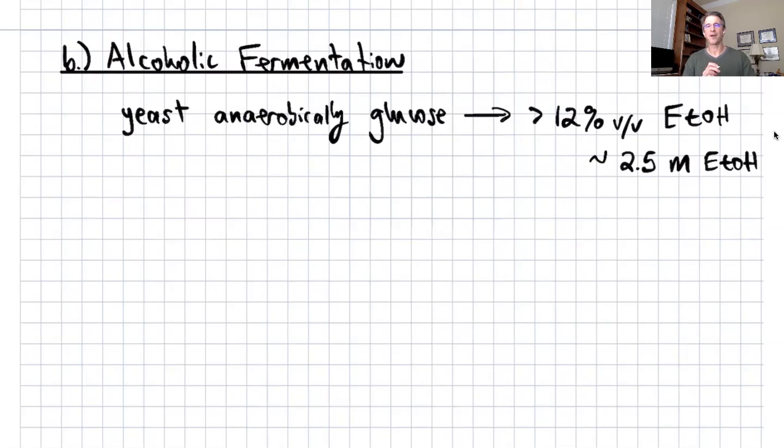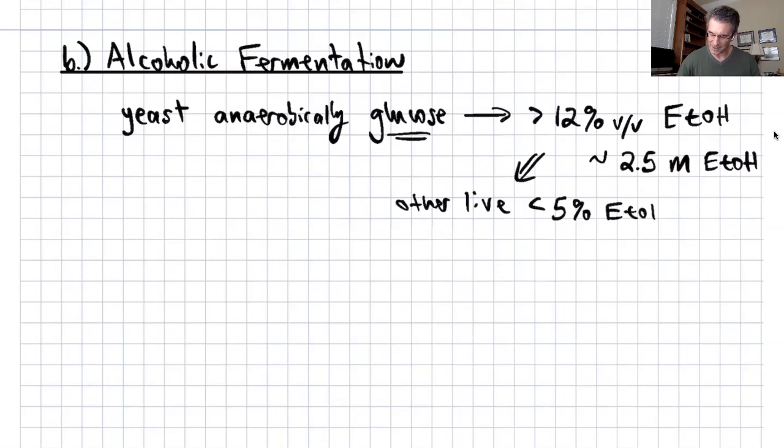The thing that yeast have figured out is that they can survive in 12% ethanol. Very few of the other organisms they might be competing with under those conditions to utilize that glucose, very few other organisms can live in anything greater than about 5% ethanol.